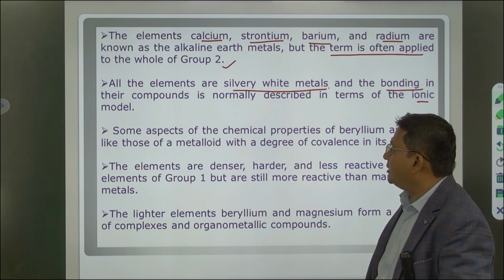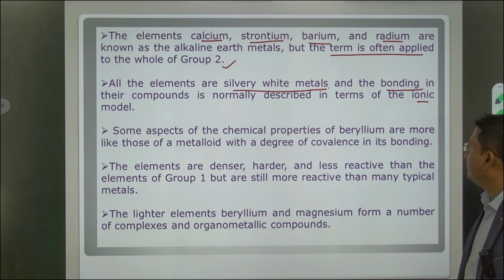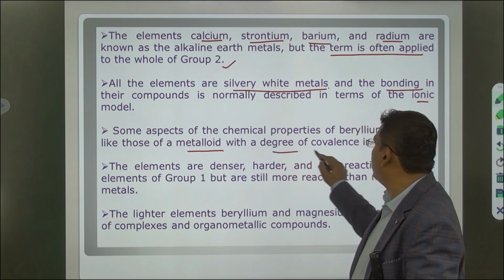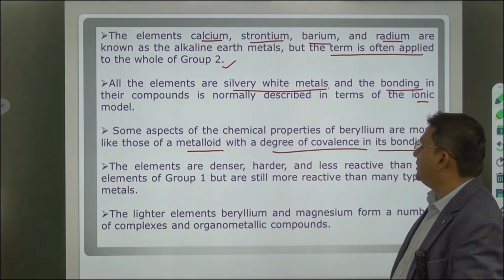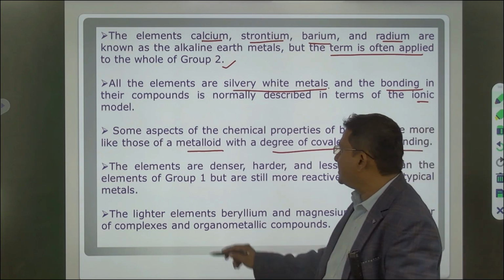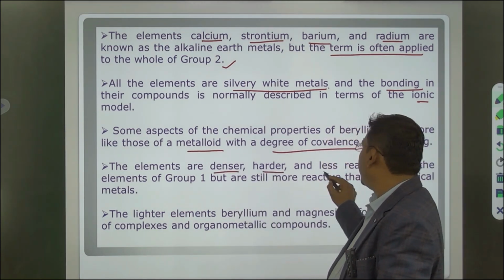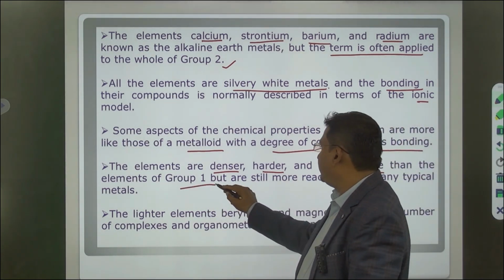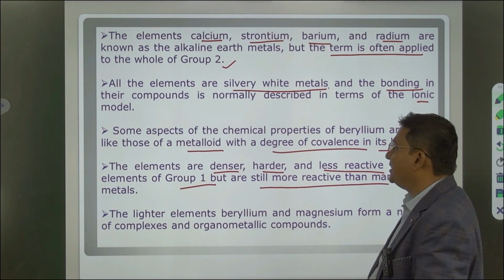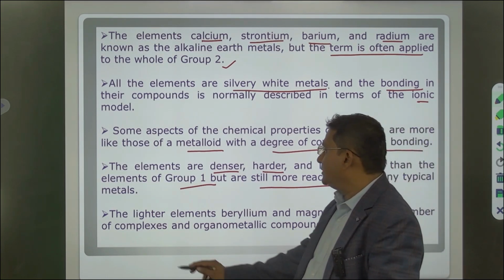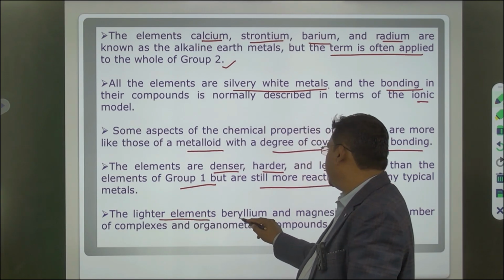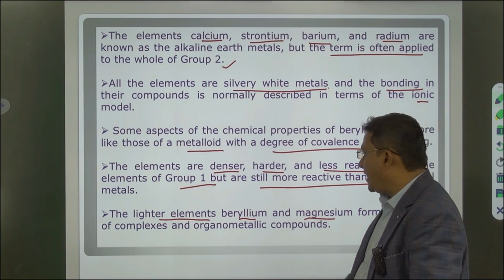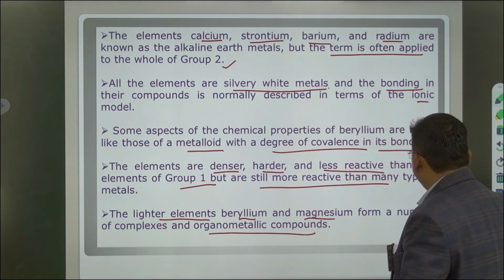Some aspects of the chemical properties of beryllium are more like those of a metalloid, with a degree of covalence in its bonding. The elements are denser, harder and less reactive than group 1, but still more reactive than many typical metals. The lighter elements, beryllium and magnesium, form a number of complexes and organometallic compounds.